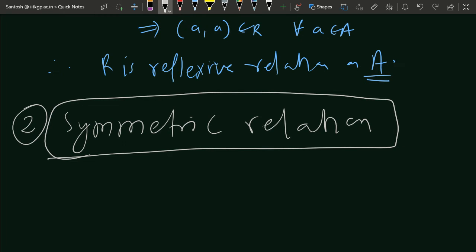What is a symmetric relation? Sir, a relation in which the first element is related to another element and vice versa.